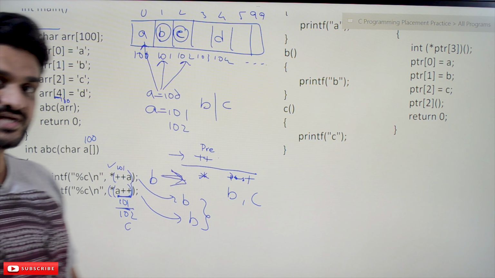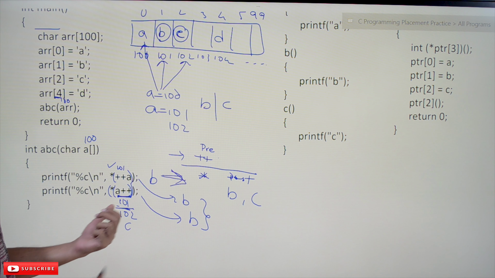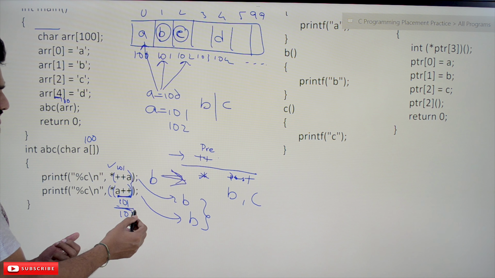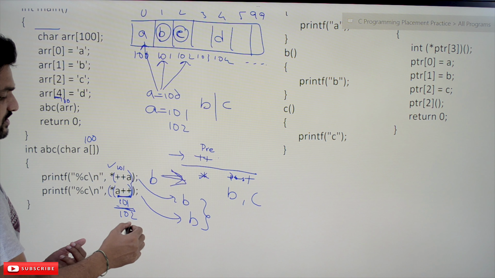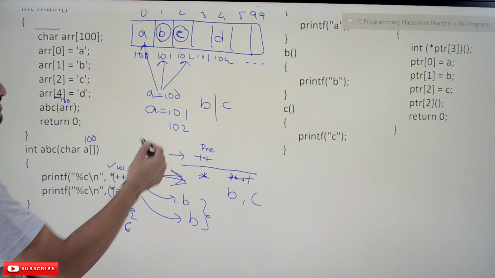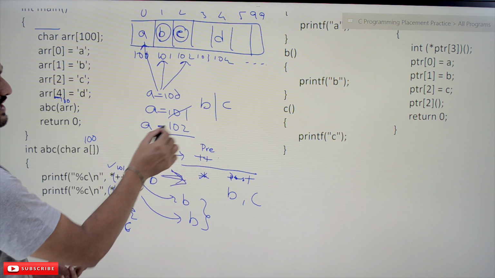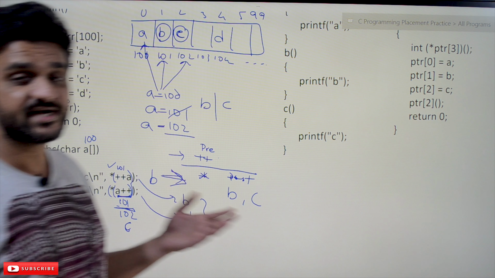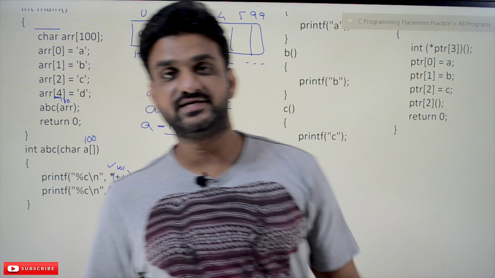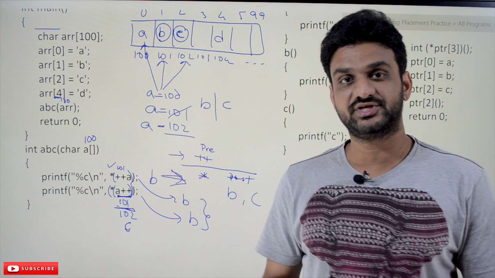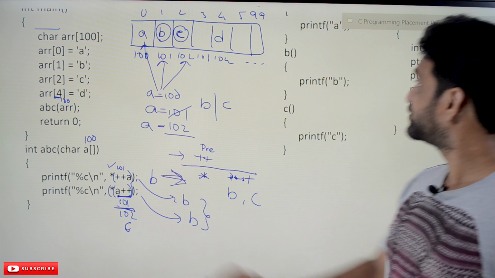So the value of A at this point of time is 101, and 101 star is B, which will get printed. Later the value of A will get incremented and assigned to 102. So this is the output of this program.